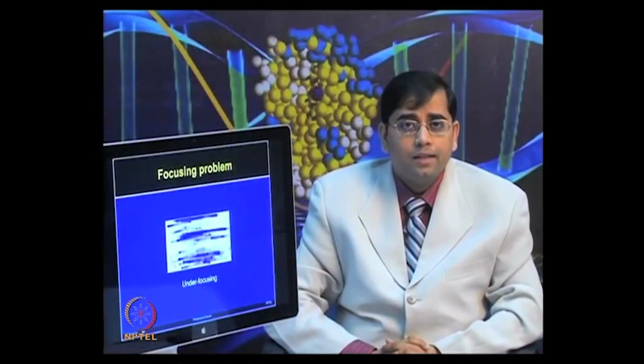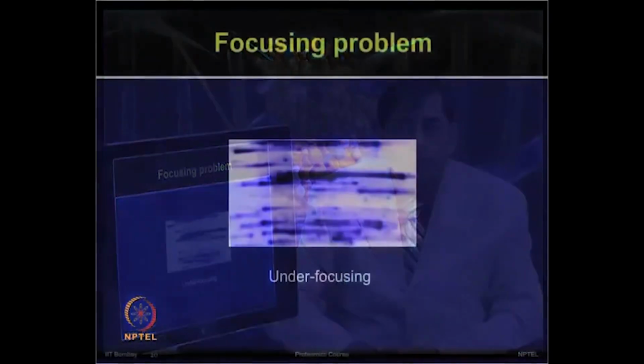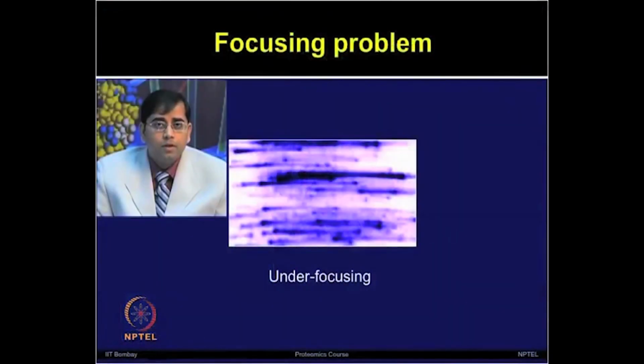Now, the IEF process is very crucial. Many times during the IEF run itself, one can monitor problems if you have software which shows how the run is progressing. Often if your voltage setting is not correct, it is insufficient for complete focusing, and it may result in under focusing, as shown in this image.